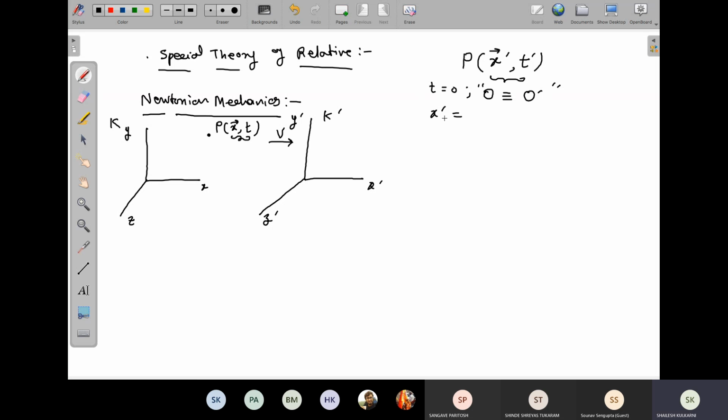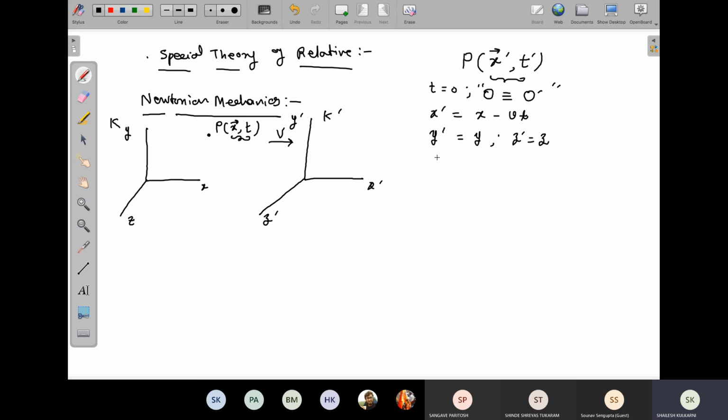Then how will x prime be related to x? It is a simple equation: x minus vt, because vt will be the distance traveled by the origin. So the coordinate of this point, as seen by the observer in K prime, will be x minus vt. Since this velocity is parallel to the x-axis, there will not be any change along y and along z. So they remain the same: y prime equals y and z prime equals z.